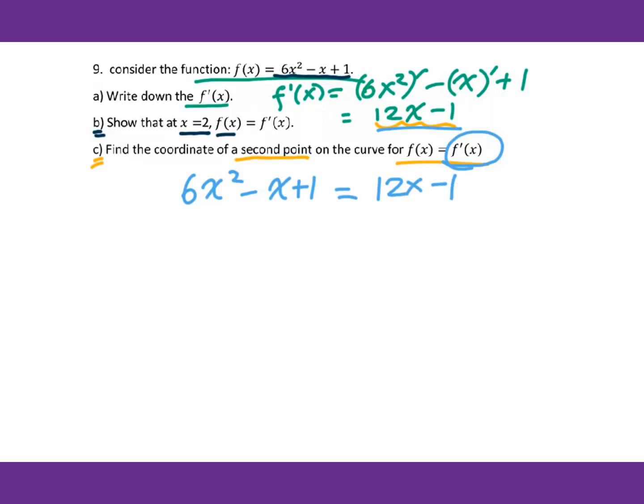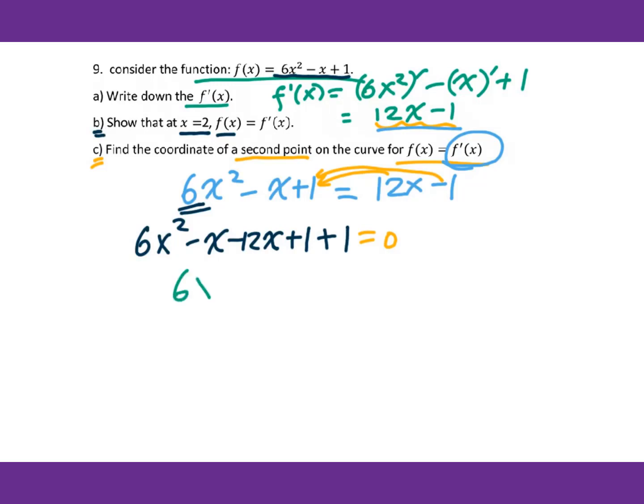This is a quadratic function, therefore, get it equal to 0 first. Move everything to the left side, because the coefficient of x squared is positive. So we have 6x squared minus x minus 12x plus 1 plus 1.